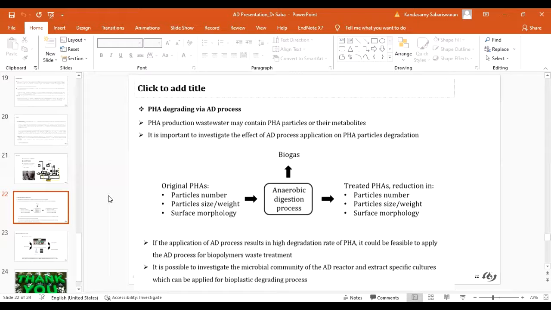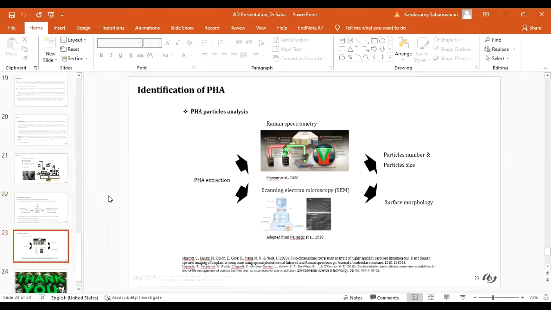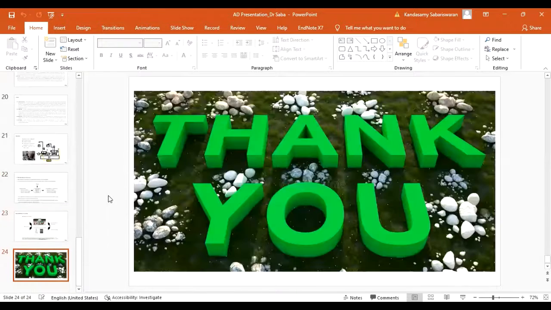It is possible to investigate the microbial community of the anaerobic digester reactor and extract specific cultures which can be applied for the bioplastic degrading process. So this is the identification of PHA particle analysis. We can identify them through these techniques: scanning electron microscopy and Raman spectroscopy. Thank you for listening. Thank you so much.